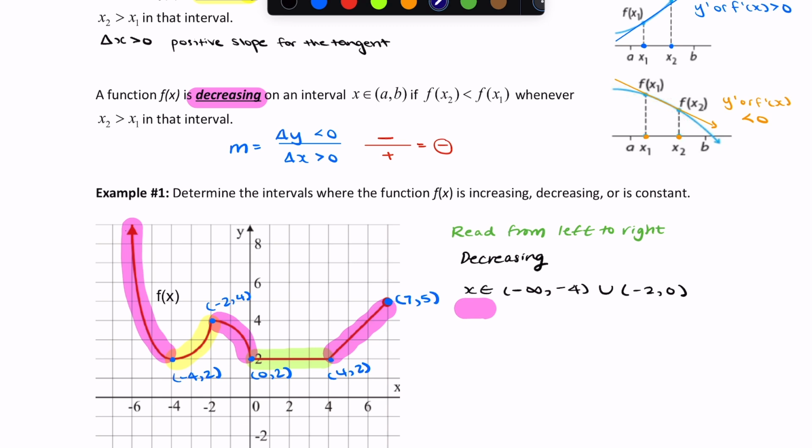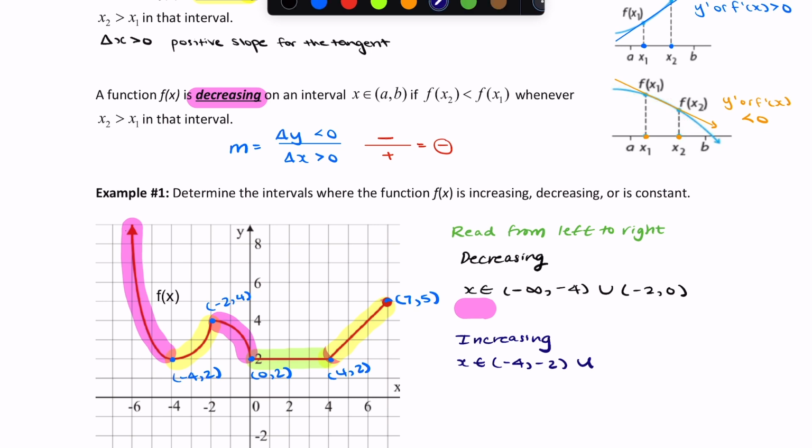It is increasing when it's between -4 and -2, and also between 4 and 7. I'll change this color so it matches what we did there, so we'll put this in yellow as well.